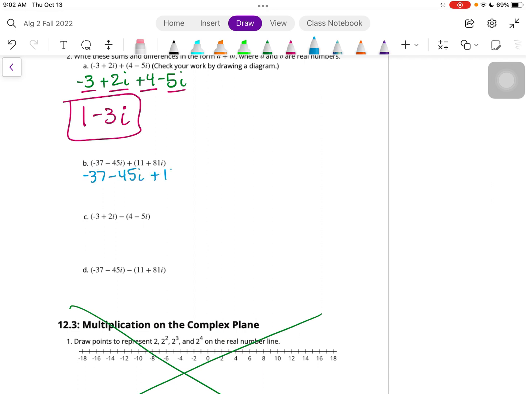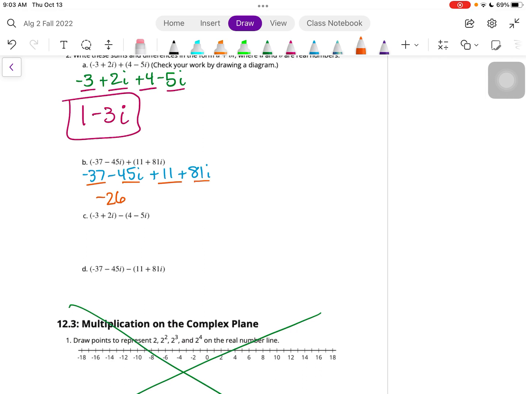And so we have plus 11 plus 81i. Now, again, we're going to take our negative 37 and our 11, and we get negative 26. And then negative 45i and positive 81i. What's that going to give us? 36i. So we have negative 26 plus 36i.